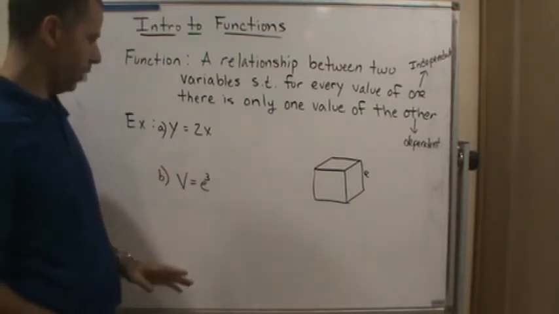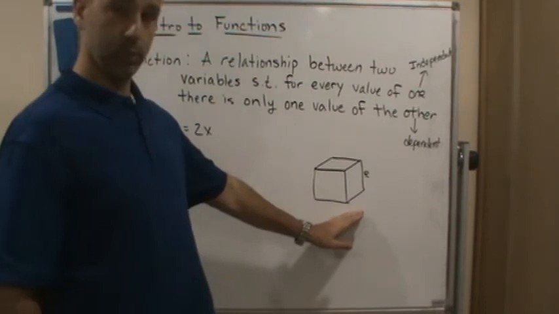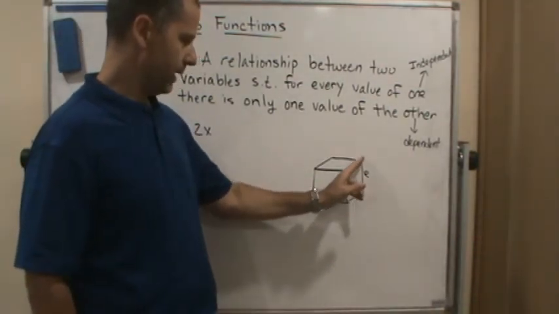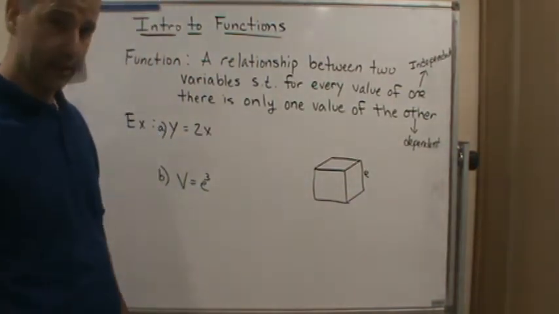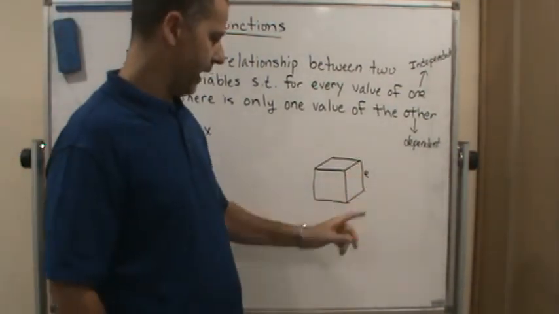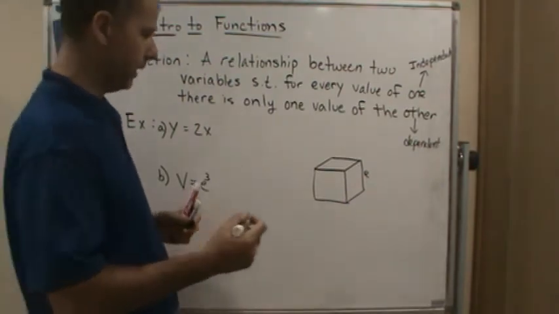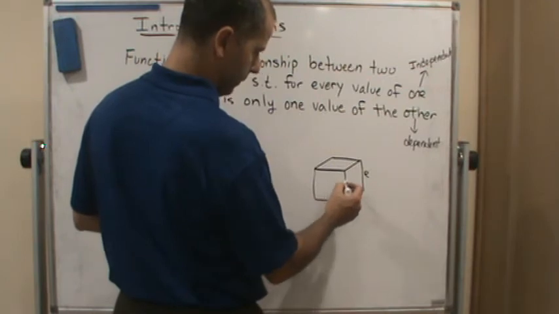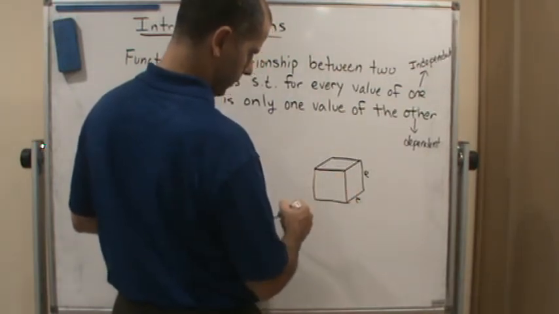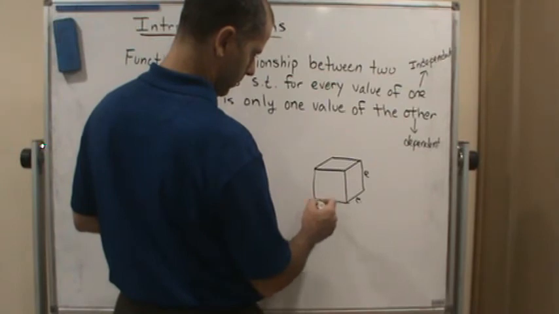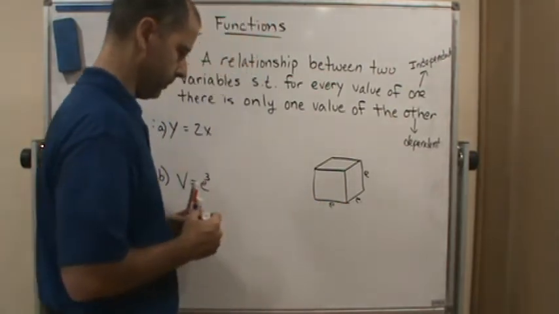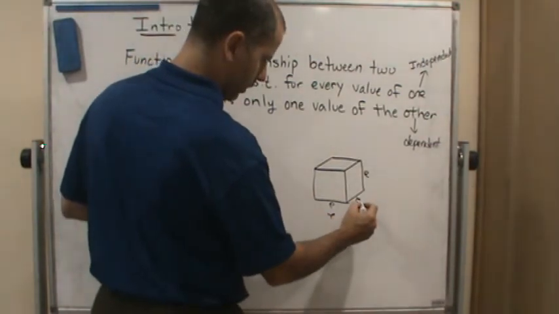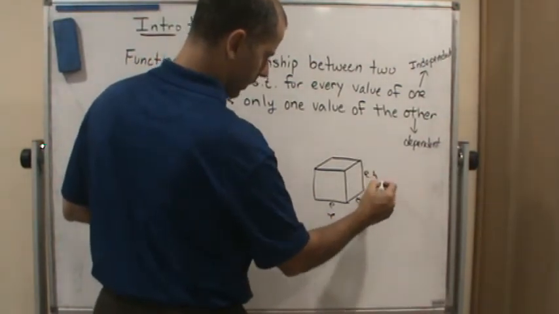Okay? Also, what if I take a cube, right? We know that the volume of the cube is dependent on the length of one side of the cube. And why? Because we know in a cube, all of the dimensions are the same. So we've got the length, width, and height.